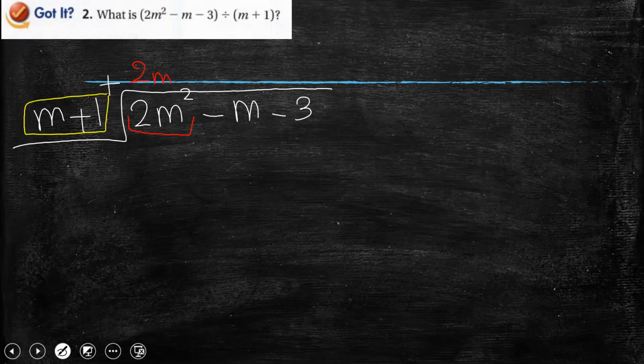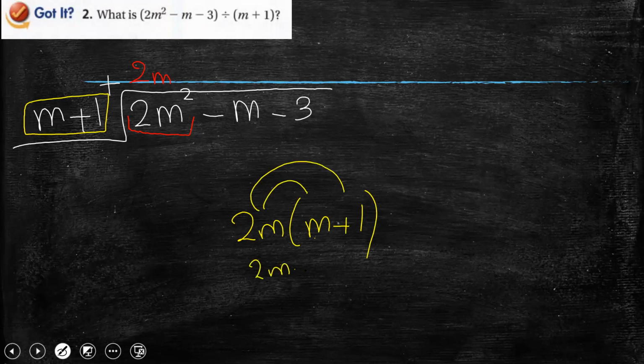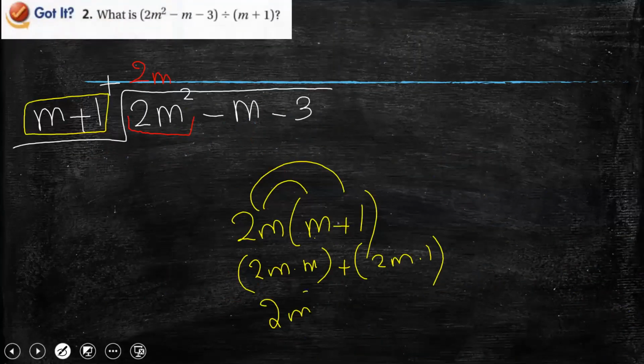So 2m by m plus 1, by the distributive property: 2m times m plus 2m times 1. So we get 2m squared plus 2m. Take this answer here: 2m squared plus 2m.